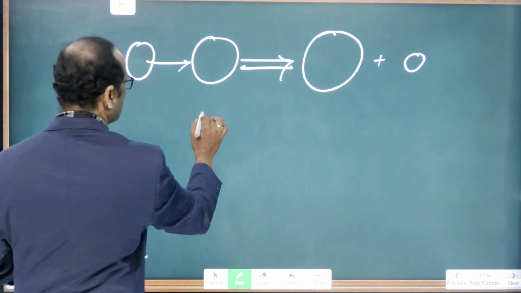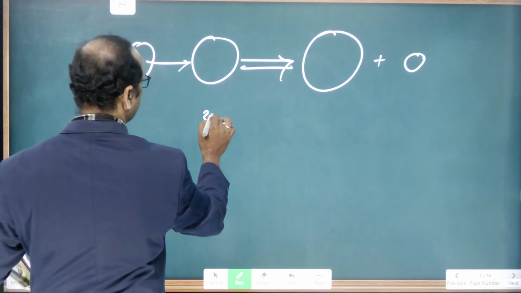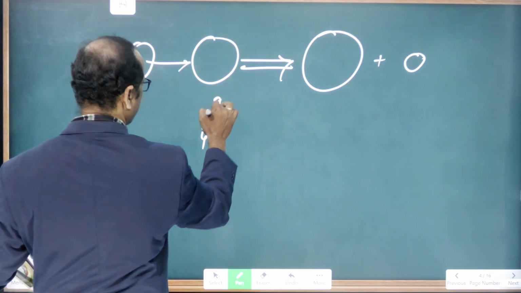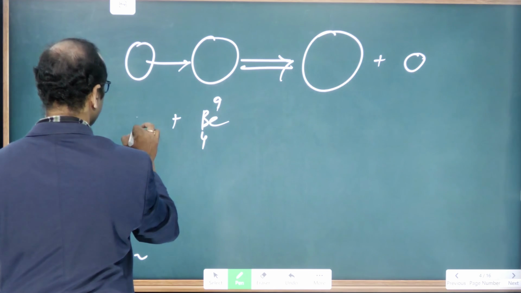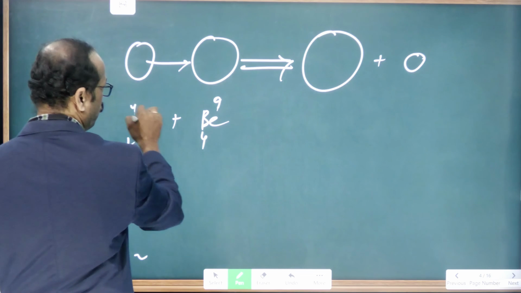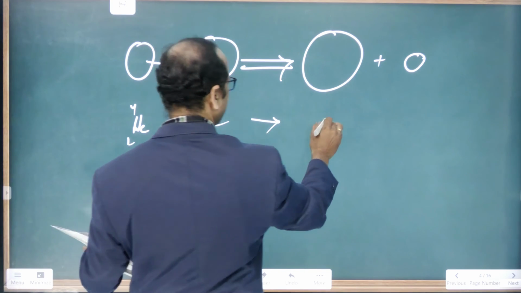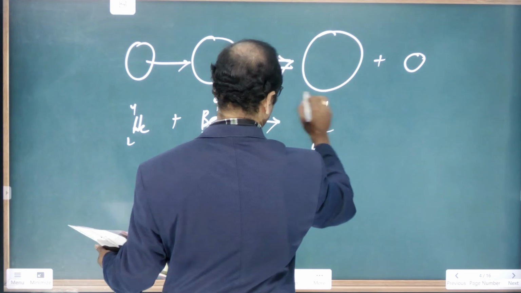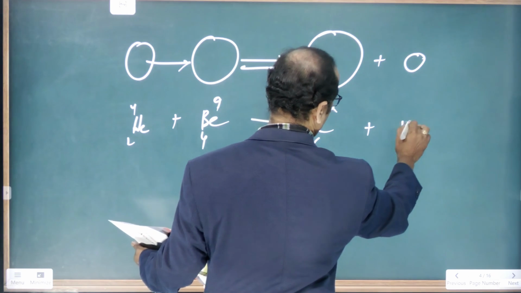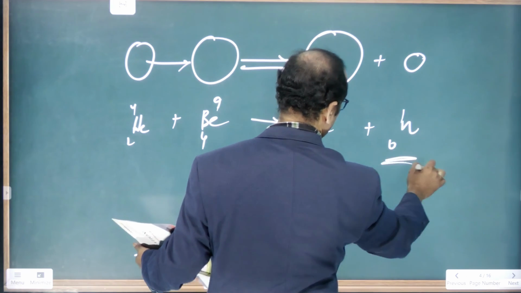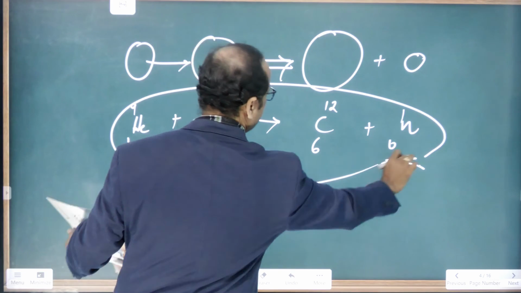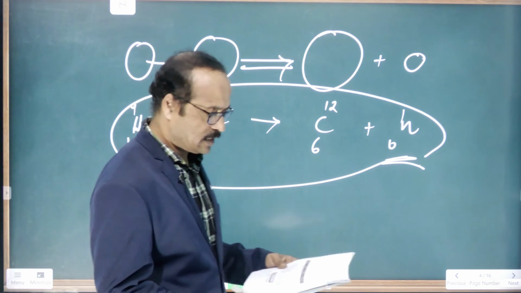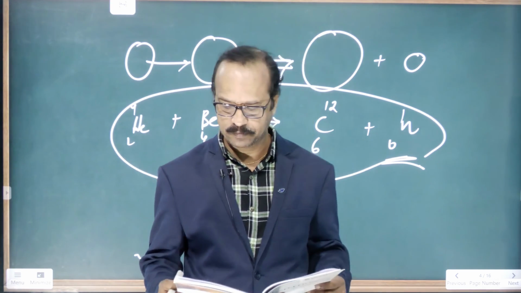Here it is beryllium with atomic number 4 and mass number 9, and this is an alpha particle. So this is helium, we write 2 and 4, and that gives carbon, that is 6 and 12, plus 1 neutron. So this reaction is the right answer. So the second option is the right answer.